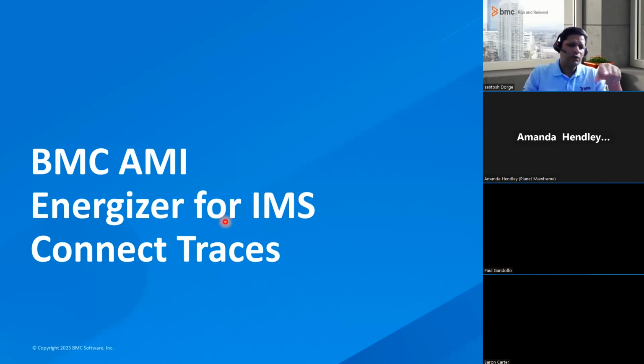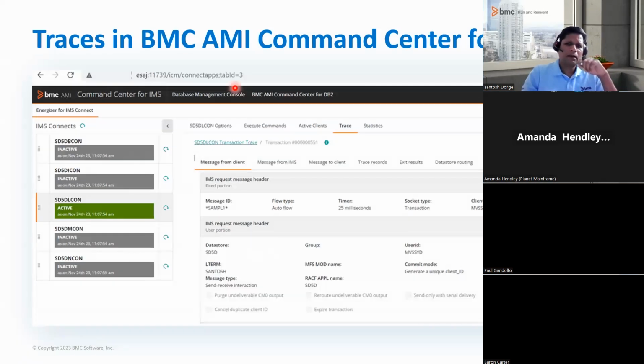Okay, I'm going to speak about the BMC ME Energizer for IMS Connect traces. We have BMC ME Energizer for IMS Connect traces in the BMC ME command center for IMS.